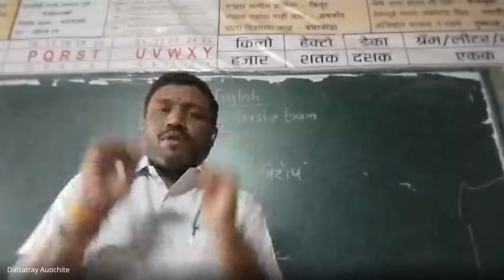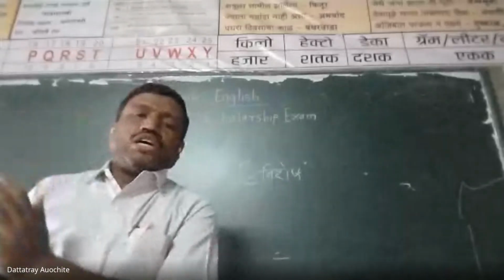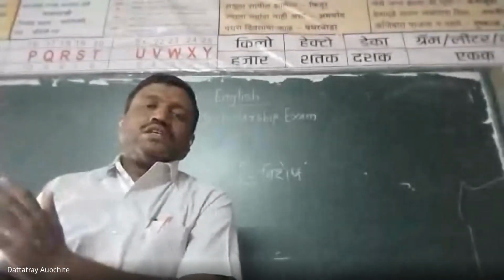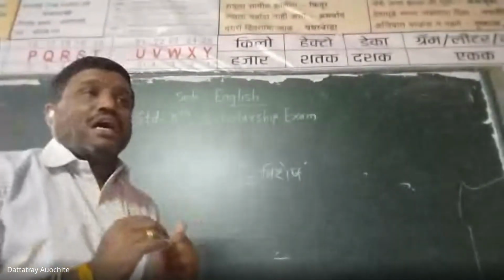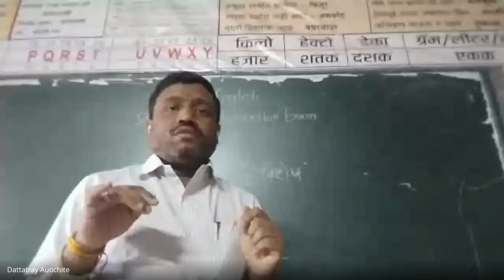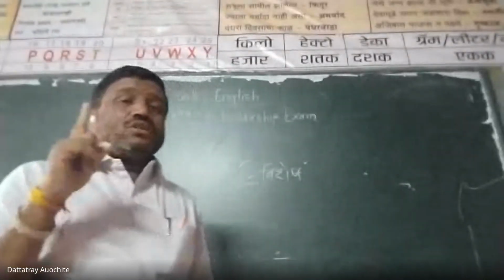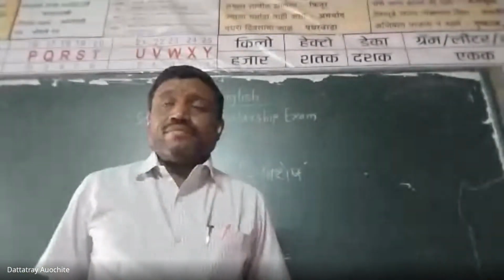Your own name is a proper noun. Raju, Vijay, Ramesh, Smita, Nita, Gita, all these are proper nouns, and these nouns should begin with a capital letter.